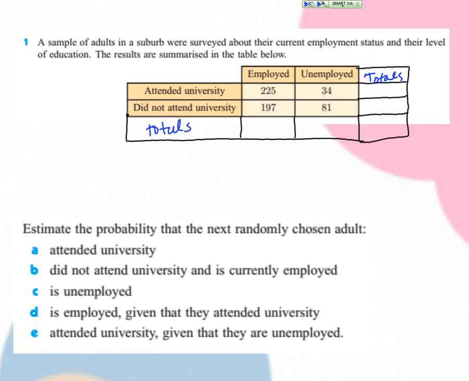So if I add the employed column up, 225 and 197, it turns out 422 people are employed. Does that make sense? Then when I add up 34 and 81, 115 people are unemployed.